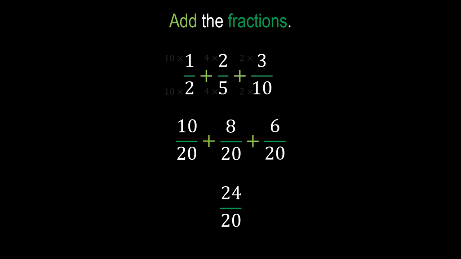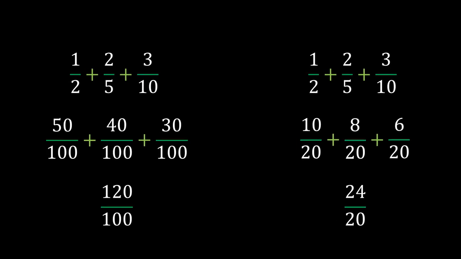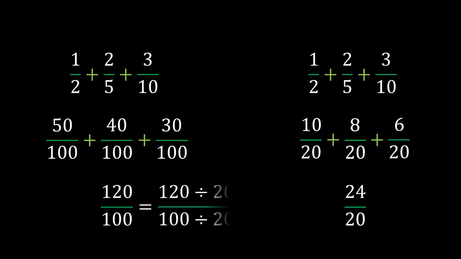Now you can compare both the solutions, and you can see that after finding the LCM, we had smaller numbers to deal with, whereas 120 hundredths and 24/20 are equivalent.